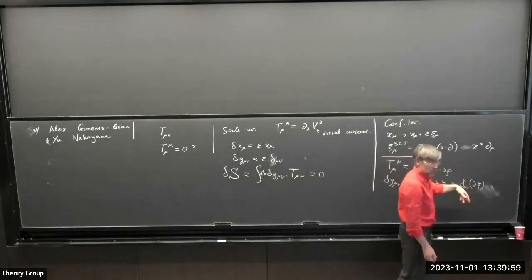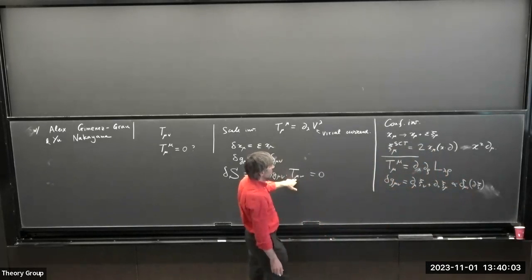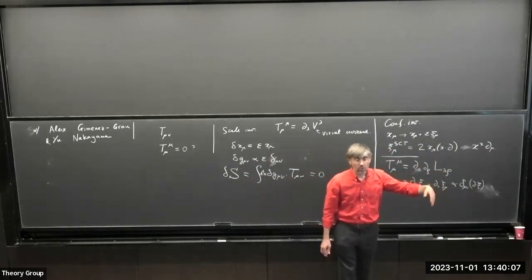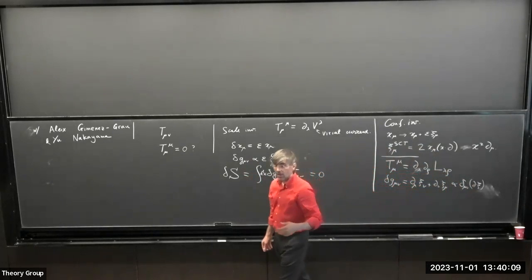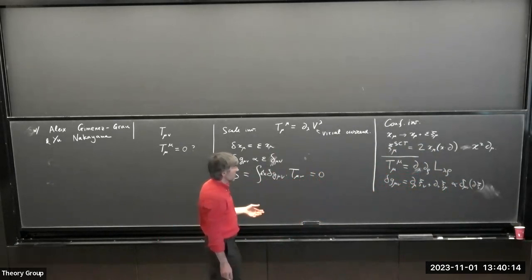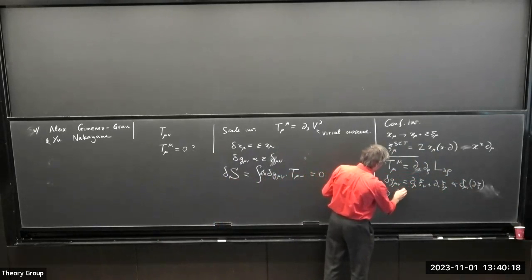So when you take a divergence, you get something which is linear in coordinates. And the trace T mu mu is a second derivative of something. So when you integrate by parts, you get something which vanishes. And so this implies that delta S is equal to 0.